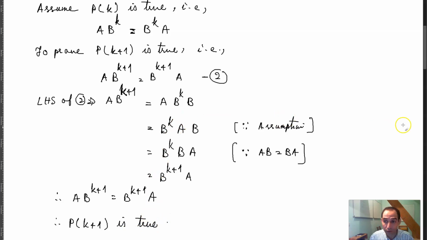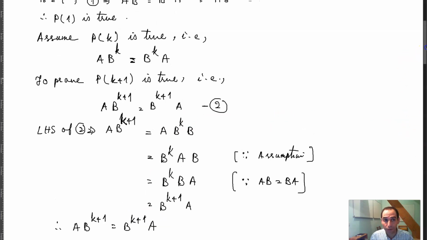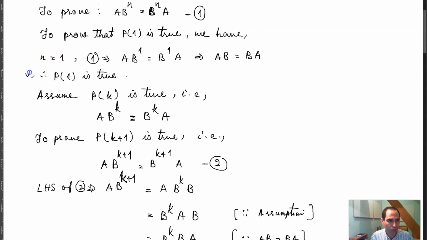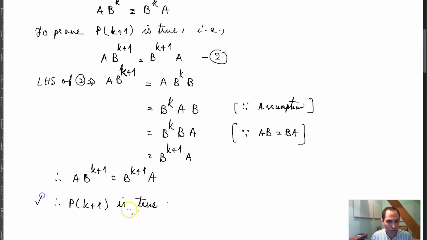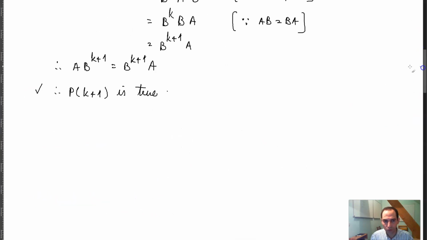So now we know that P of 1 is true, and we have assumed that P of k is true, and we have proved that P of k plus 1 is true.